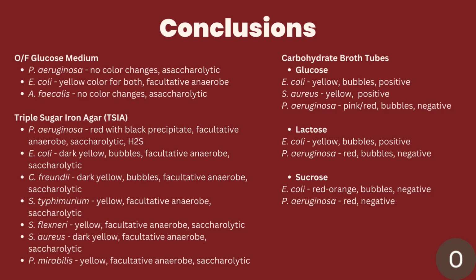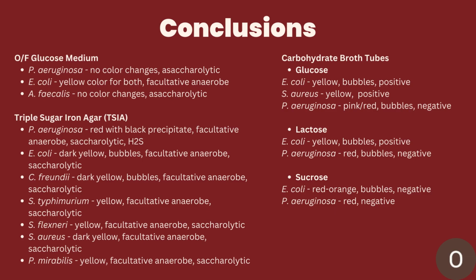For glucose, E. coli turned yellow, meaning that it's a positive test. It does break down glucose. S. aureus was also yellow, a positive test. P. aeruginosa remained red, so this was a negative test for glucose.